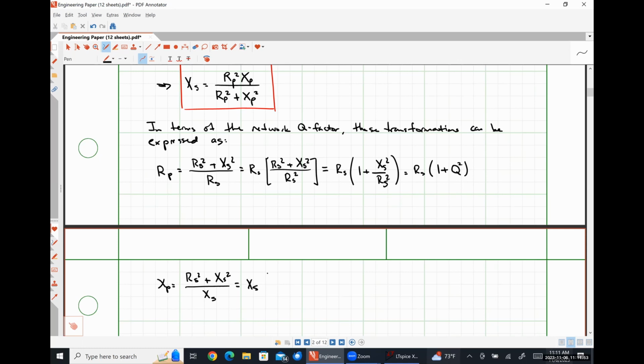So we would have Xs times Rs squared plus Xs squared divided by Rs squared, or Xs times 1 plus, oops, I'm sorry, this should be an Xs squared down here. Getting ahead of myself, my apologies. 1 plus Rs squared over Xs squared, or Xs times 1 plus 1 over Q squared.